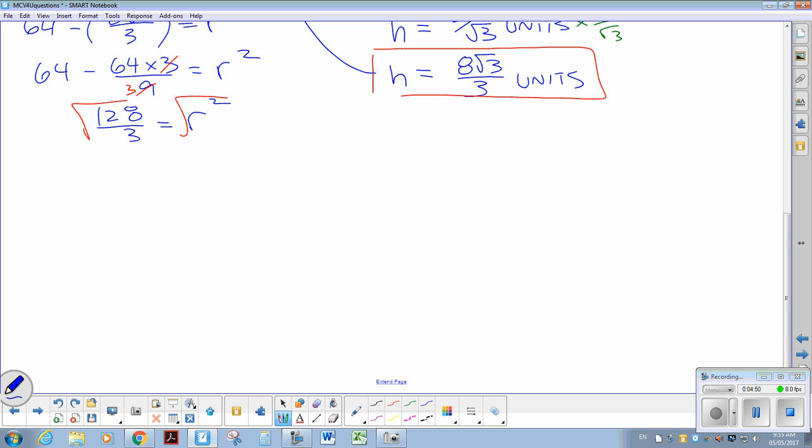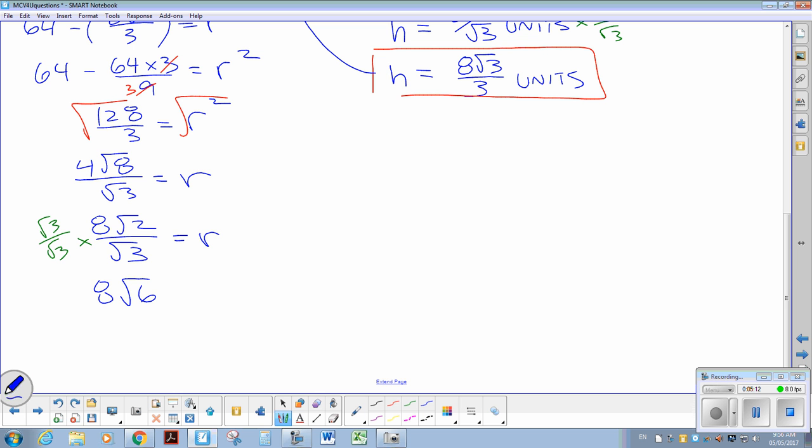So that's going to be 4 root 8 over root 3, which would be 8 root 2 over root 3. Again, rationalize the denominator. And I end up with 8 root 6 over 3 units.